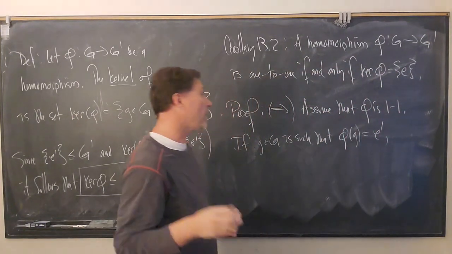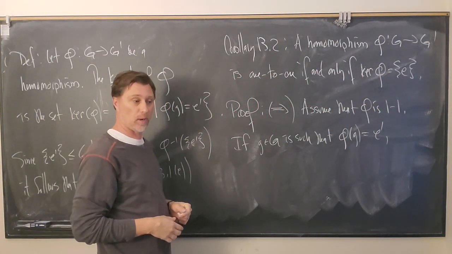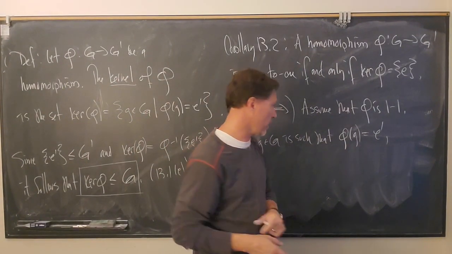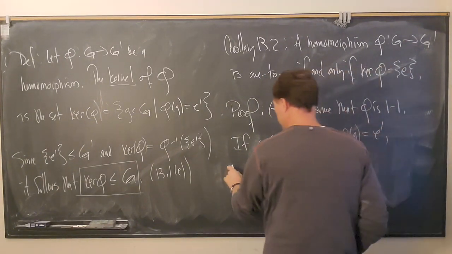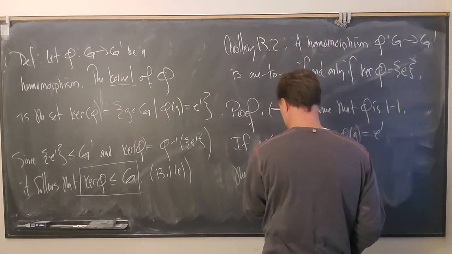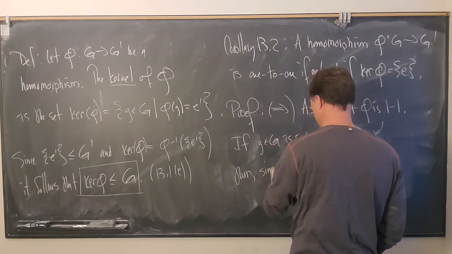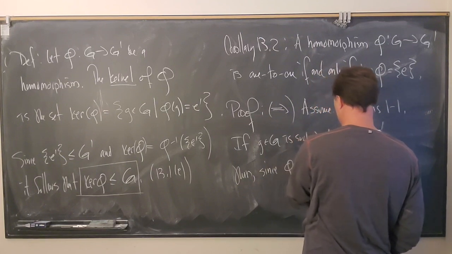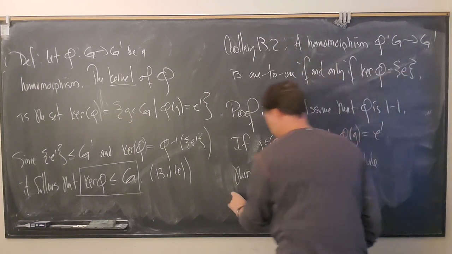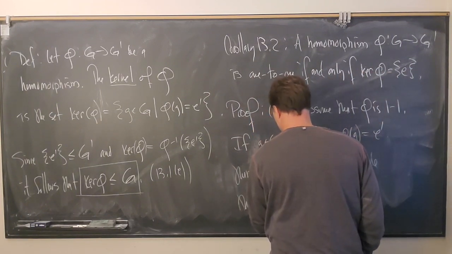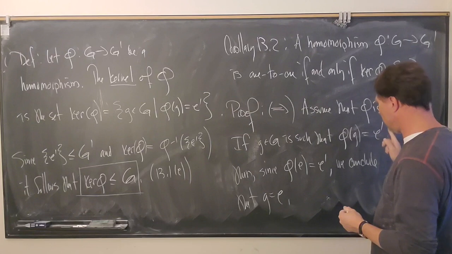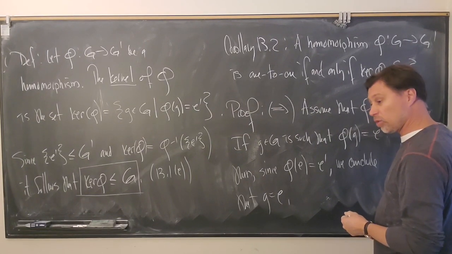Well, we know that phi of e is also equal to E prime. Because we have a 1-to-1 function, it forces us to conclude that g is equal to e. In other words, the only element that gets sent to the identity is the identity. The kernel is trivial.